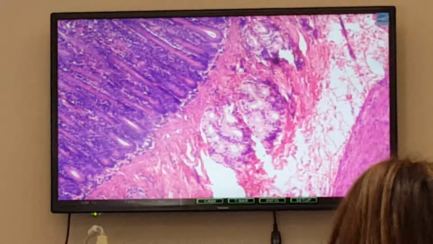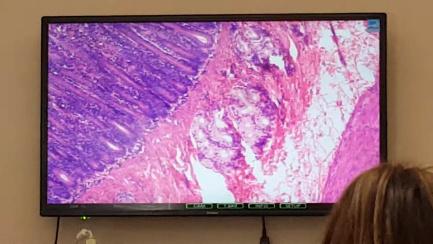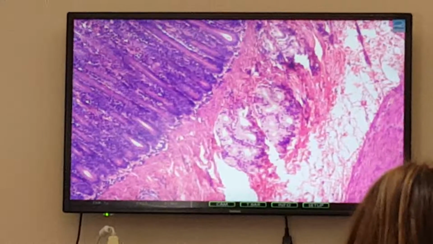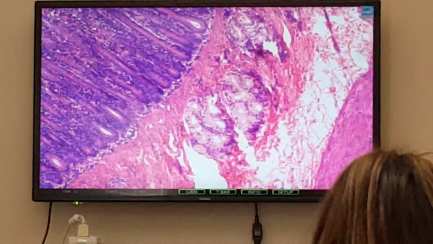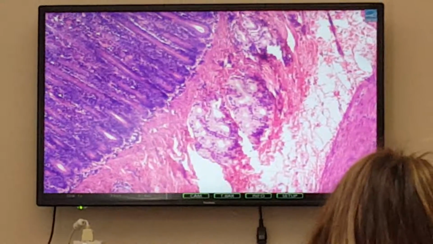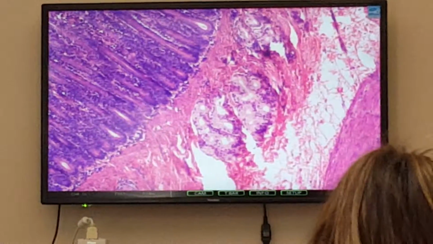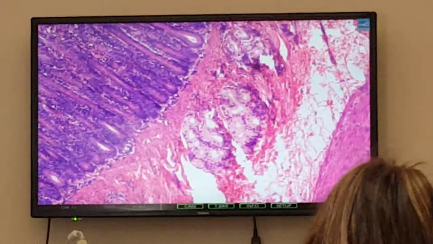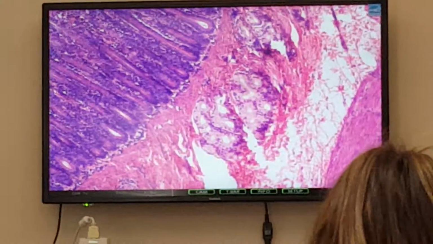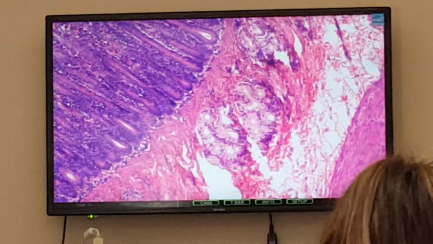What's the name of these glands within the submucosa? Brunner's glands. So when I see Brunner's glands, then I know that this segment of the small intestine is the duodenum. Now, the algorithm that goes through my mind is this: once I see a mucosa lined by a simple columnar epithelium that possesses villi, I know I'm in the small intestine.